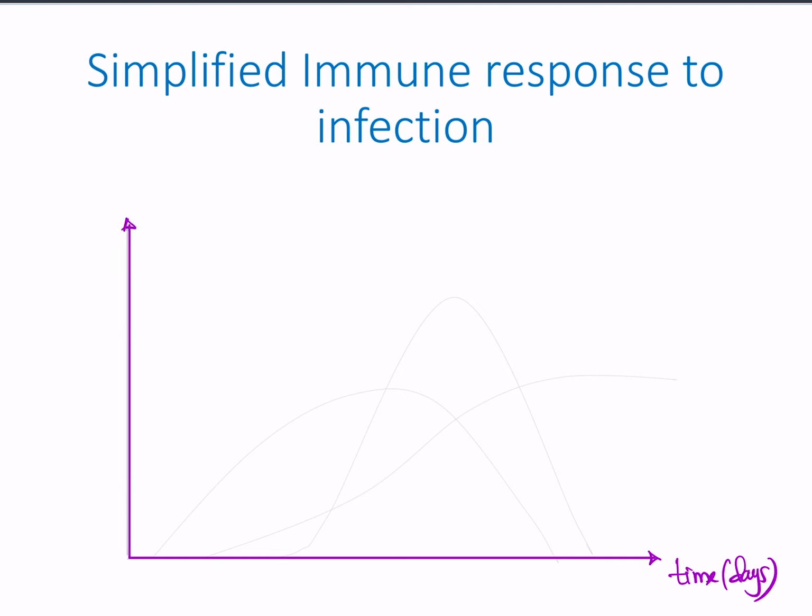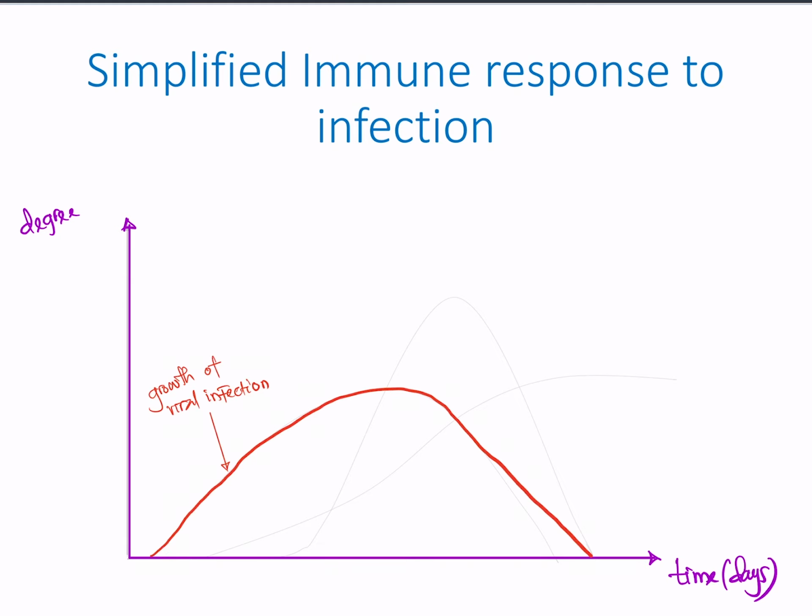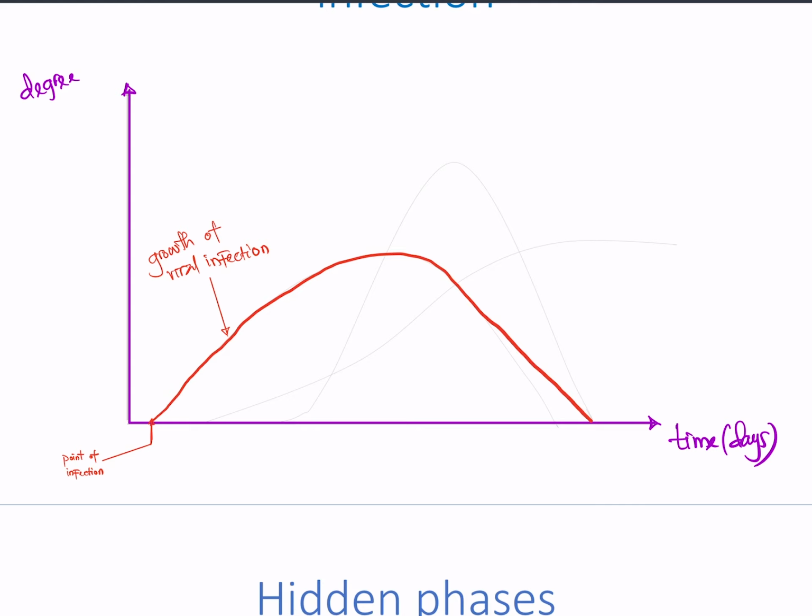So I want to use this diagram to show a simplified explanation of how any infection, in most cases, is transferred. Once you have an infection, which is known as a point of infection, this infection will take its course, and then your body after a while will start to have symptoms that go up.